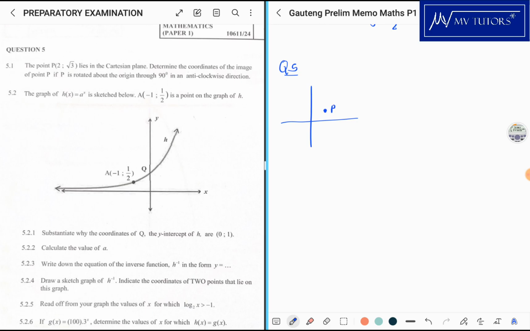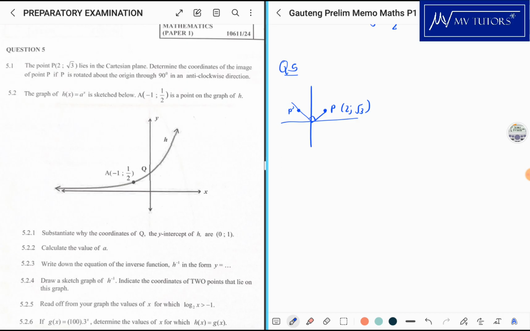That's point P. Now determine the coordinates of the image of point P if P is rotated about the origin through 90 degrees in an anti-clockwise direction. So if this is P, now through the origin we go 90 degrees. So now P is there.